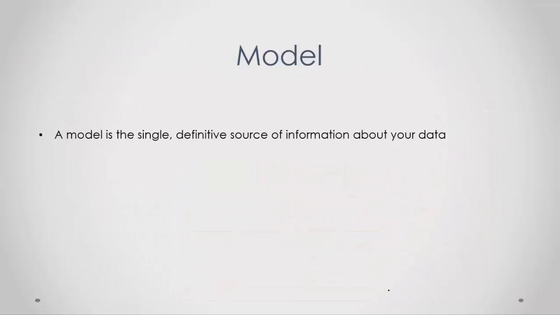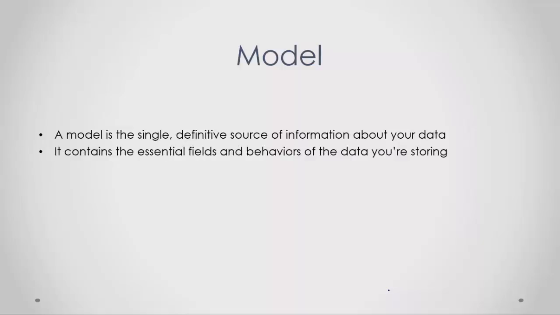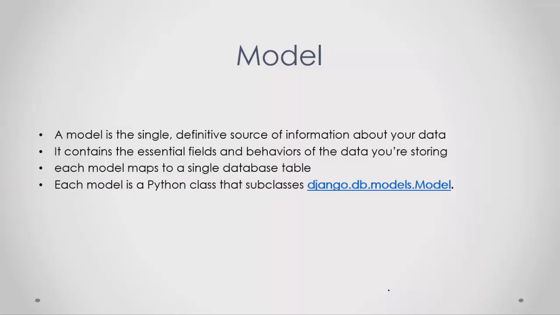Let's talk about each one. A model. A model is just a single definitive source of information about your data. It contains the essential fields and behaviors of the data you are storing, like your name, your photo, videos, anything about you shared. Each model maps to a single database table. Okay?